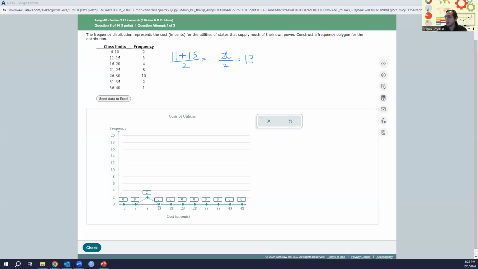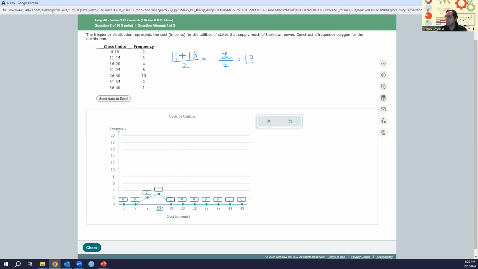And sure enough, 13 is featured in our graph. Okay. So that means we should now either grab this point and drag it to a frequency of 3, or you could simply type 3 into the little box that it gives you, click away, and it will plot that for you. Okay.